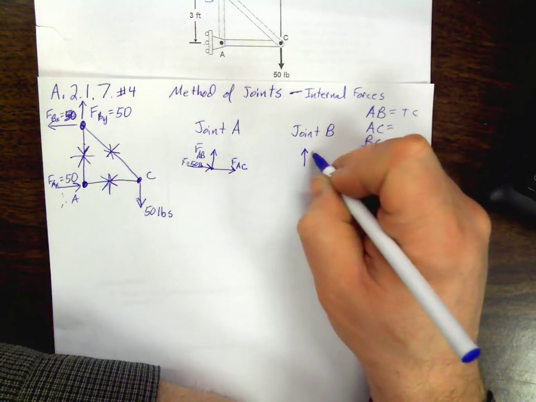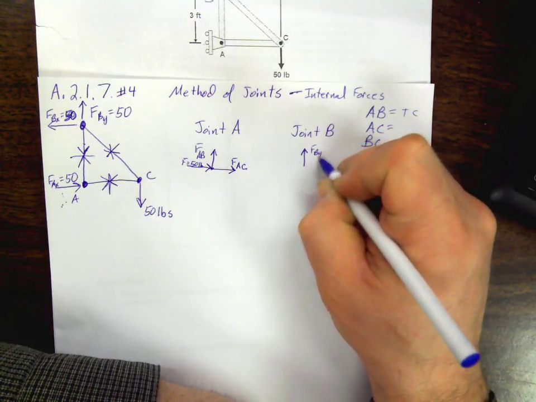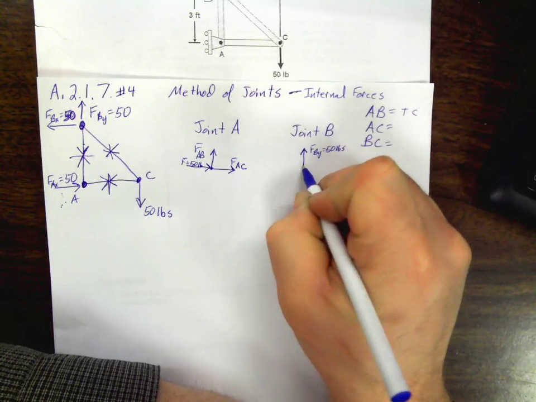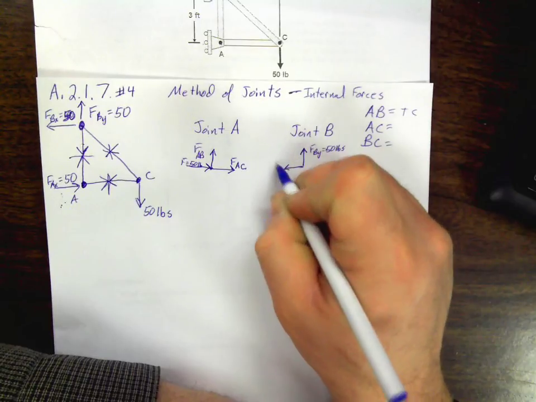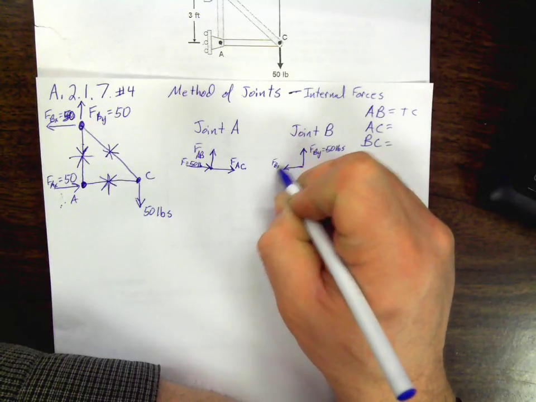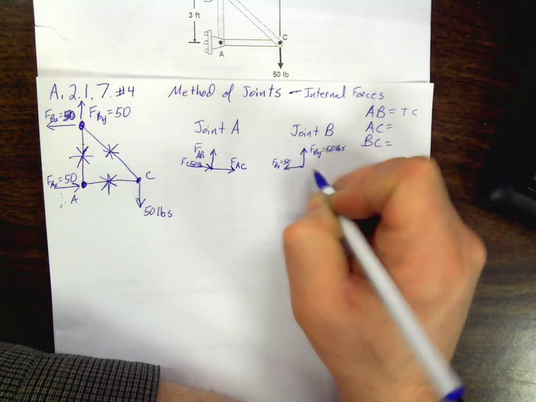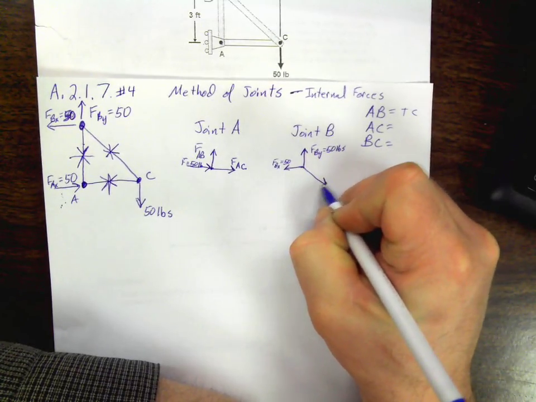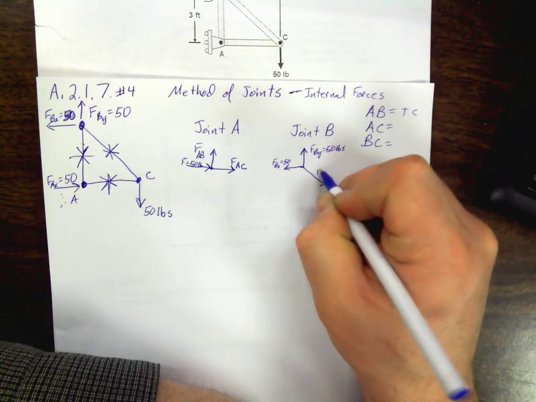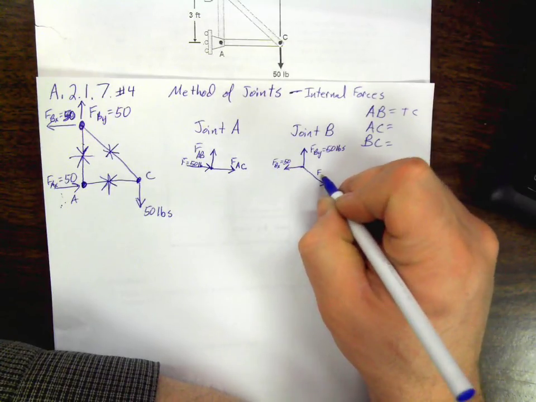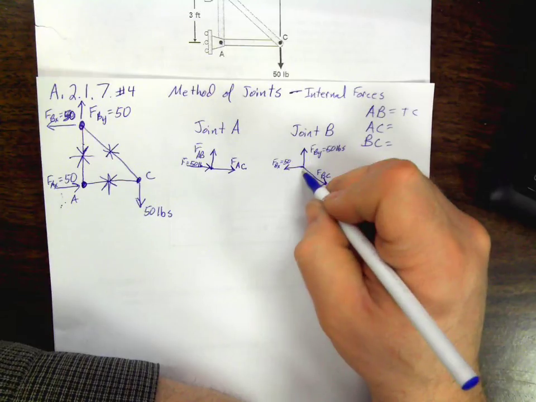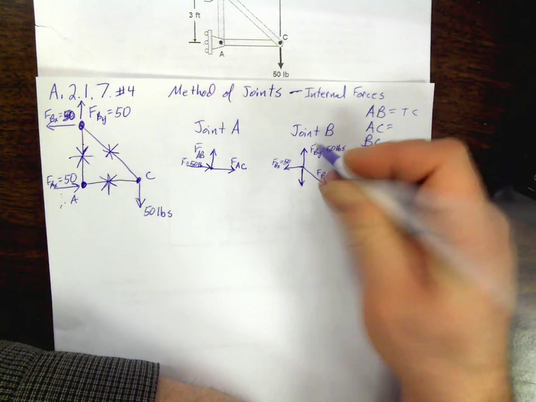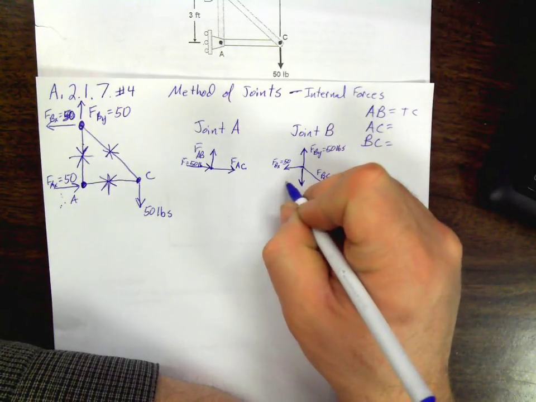Then we've got the force coming down here, and we're going to assume that it's going down there, and this is the force of AB, or BA. You can call it either way, but I'm keeping my terminology standard here. We called it force of AB over here. We could say this is the force of BA, but it's really the same thing. What we're doing is trying to find the internal force of that member, whether you call it force of AB or force of BA. So that is our free body diagram for joint B.